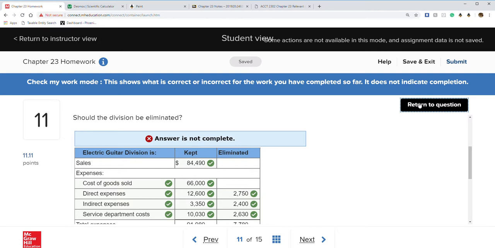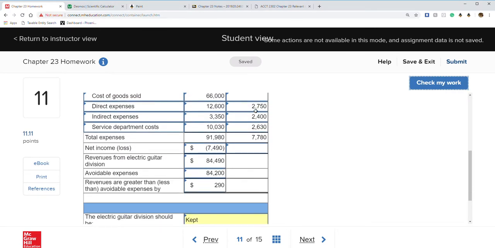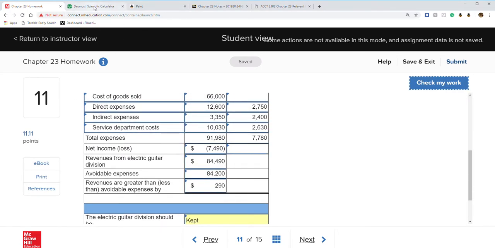So let's see if we got everything. Okay, still not complete. So most likely they want us to total these expenses. Don't know why, but they do.